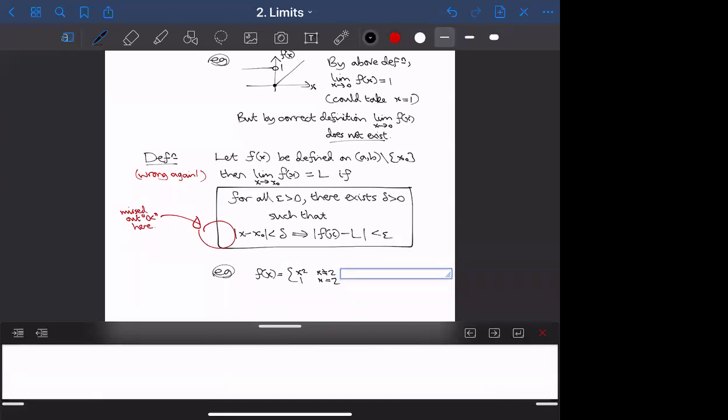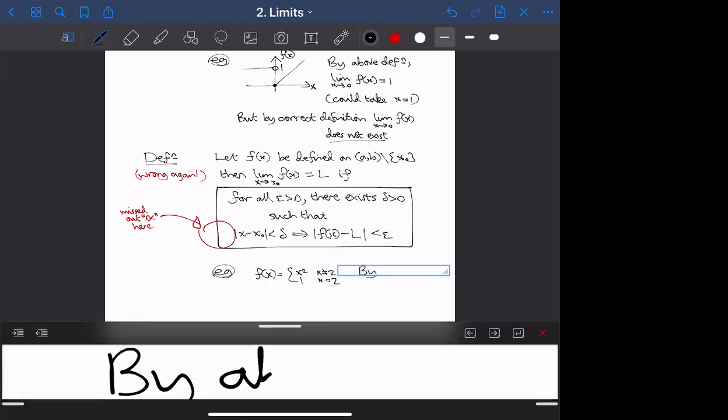So remember from last time that the limit does not depend on the value of the function where the limit happens. But if I use this definition, then it does depend.